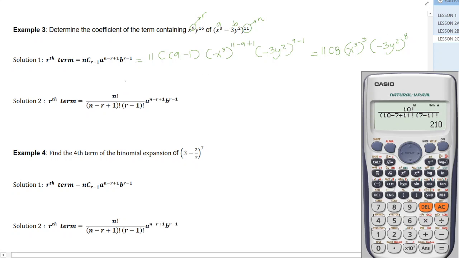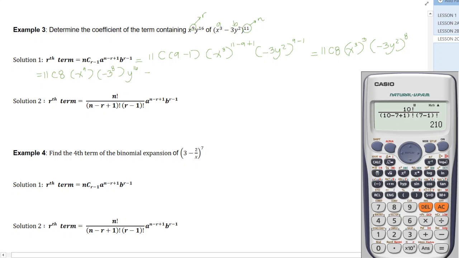Simplifying that further, it will give us 11 combination of 8. That is x raised to 9 already, since that is 3 times 3, and then negative 3 raised to 8 multiplied by y raised to 16, since 8 times 2.